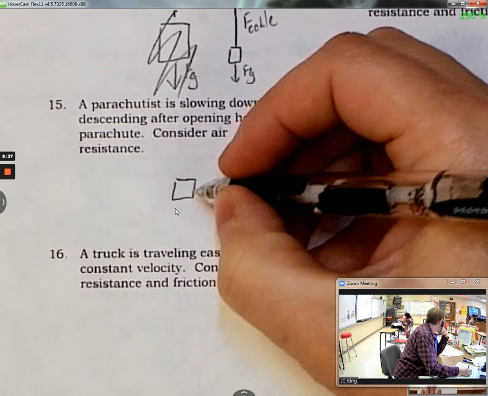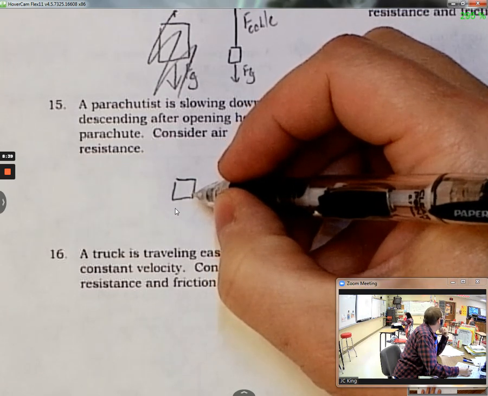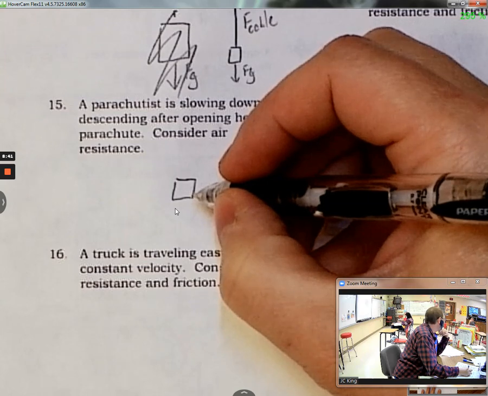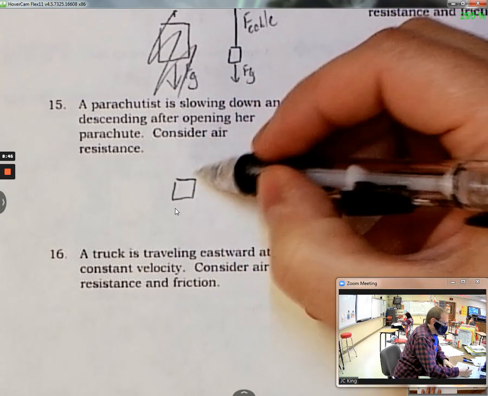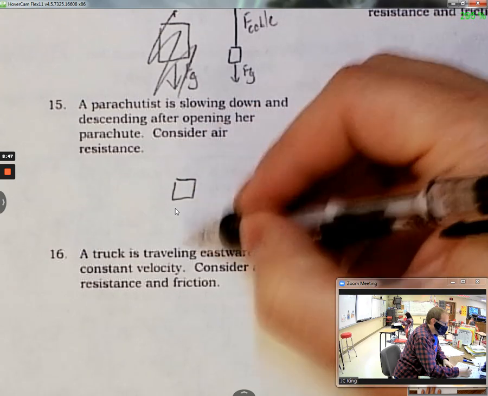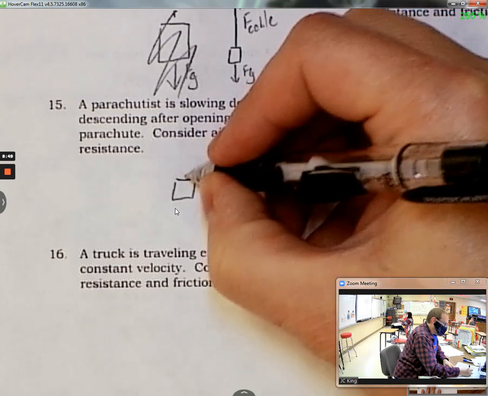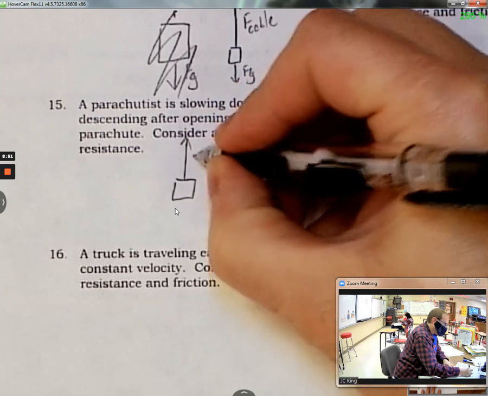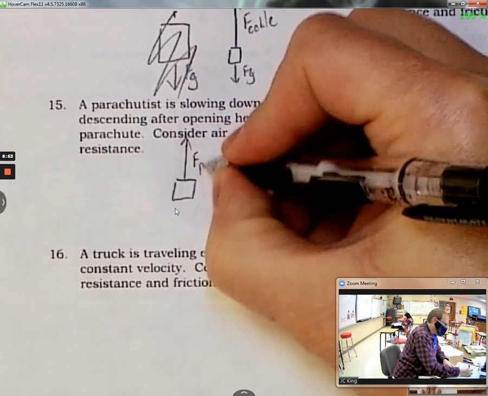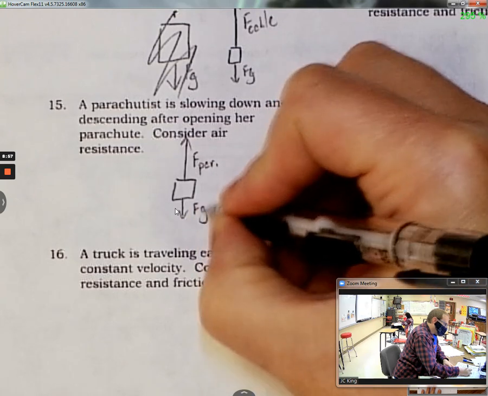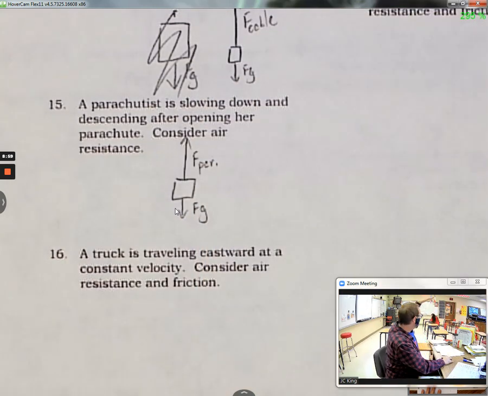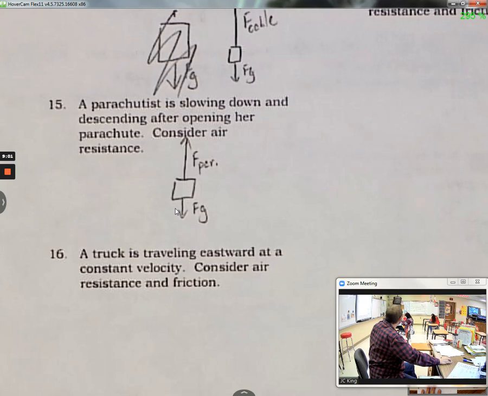She is descending downwards, but she is slowing down, right? So which force is going to be greater, the force from the parachute or the force from gravity? Right. At some point, she's going to stop slowing down as she falls, and she's just going to fall at a constant rate. And at that point, those two arrows would be equal.